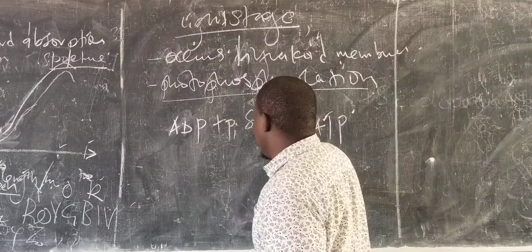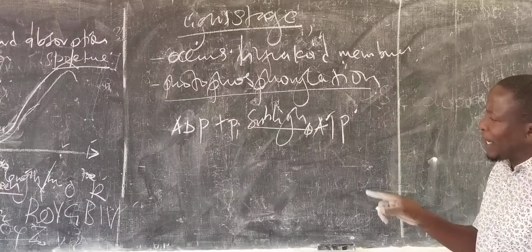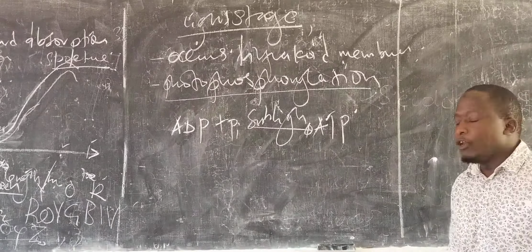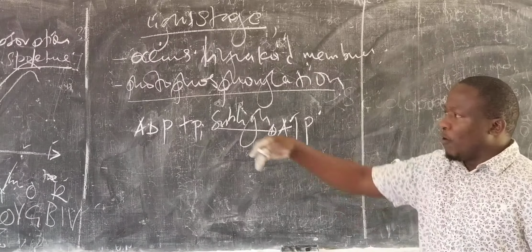In the thylakoid membranes of the chloroplast, I said that in the chloroplast we have several thylakoid membranes that form a granum. In those thylakoid membranes we have the photosynthetic pigments, and we mentioned several of them.